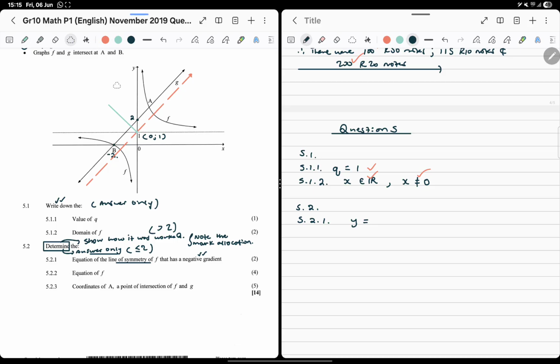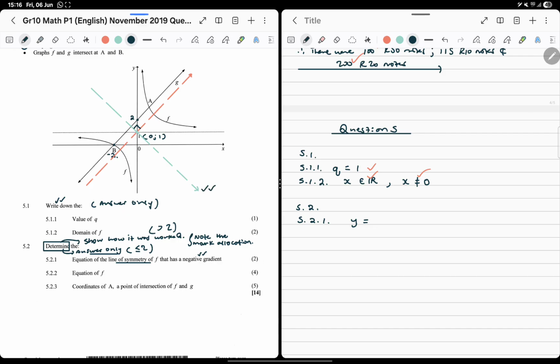Okay, that's better. So this one passes through there. Okay. So the axes of symmetry are themselves perpendicular to each other. Why? Because their gradients are negative reciprocals of each other.